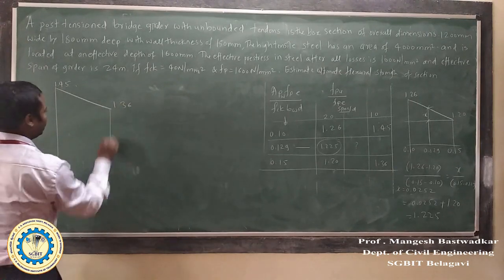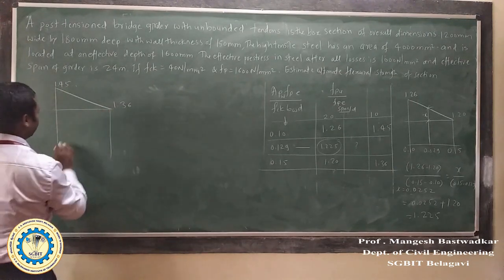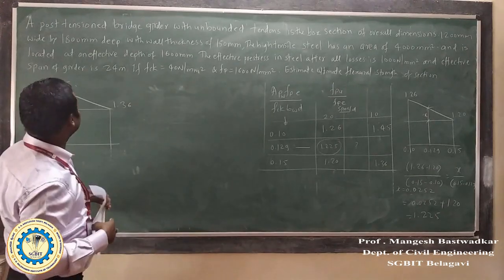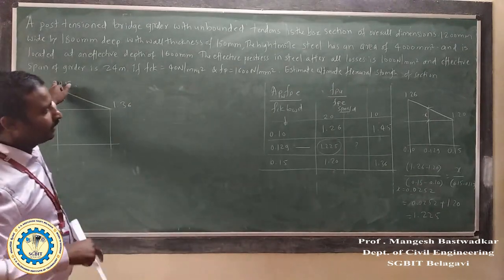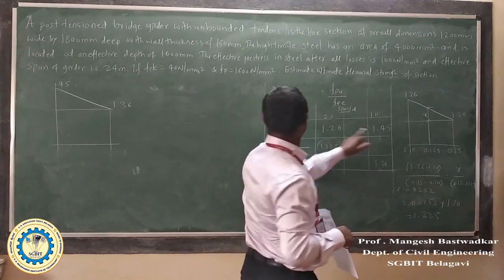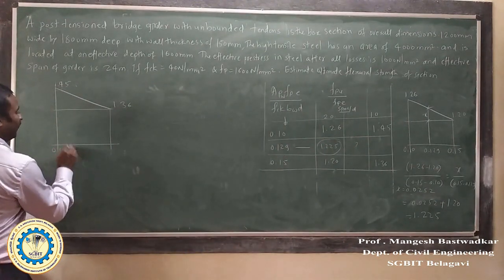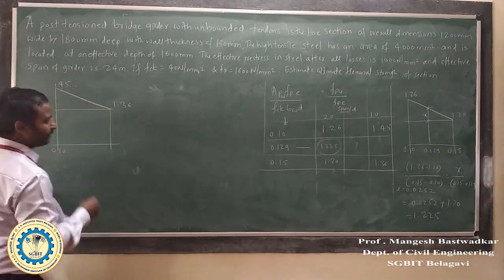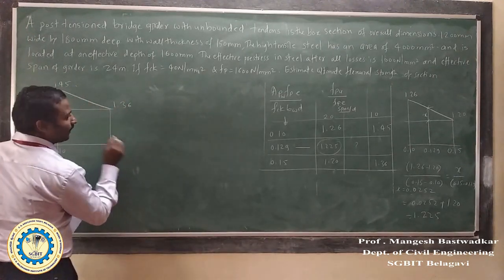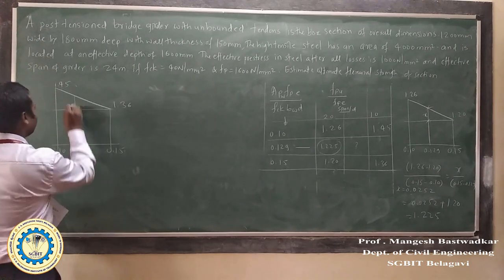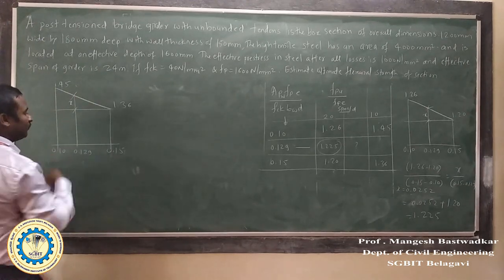Draw this line here, this triangle, then we'll interpolate now. So write the corresponding values. For this, the corresponding value is 0.10. Then for 1.36, the value is 0.15. For 0.129, we have to obtain this value.